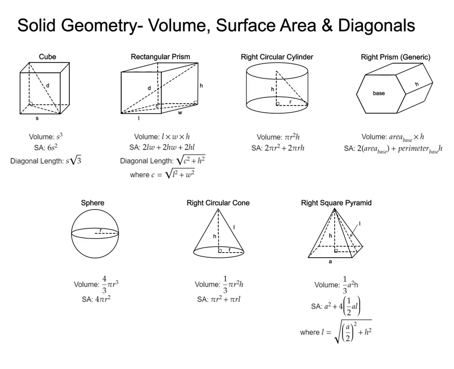Finally, we have a right square pyramid with an edge length on the base of a, a height, and a slant height. Volume is given by the formula 1/3 a squared h. Surface area, again, is a little more complicated, but if you think about it this way, you need to add up the area of the base plus the areas of the 4 triangles that make up the rest of the pyramid.